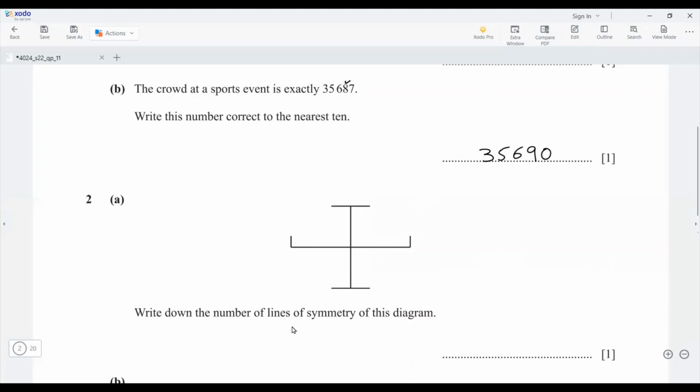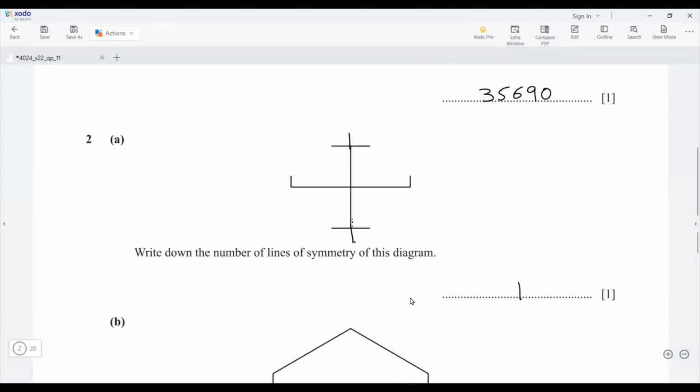If we make any other line, it will not work. So the answer is 1. Why? Because there is only one line of symmetry, cutting this figure in half, so the left hand side of this image must be the same as the image on the other side.